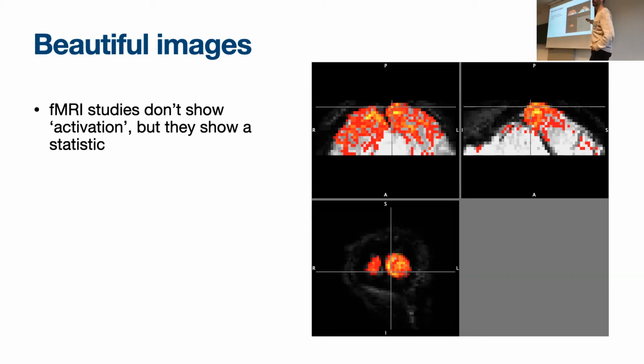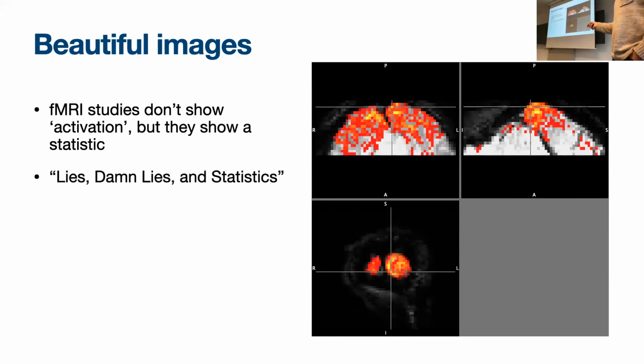And then it's the result of all of these analyses based on the GLM that are riddled with assumptions, right? And what this means is we're looking at statistics, and this statement, lies, damn lies and statistics, holds for this type of result, right?